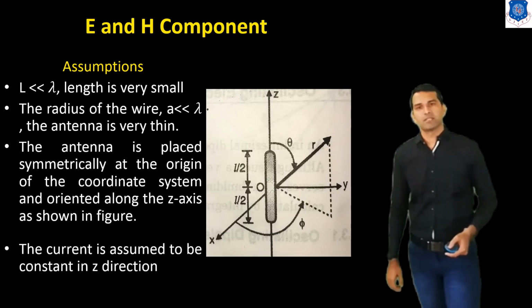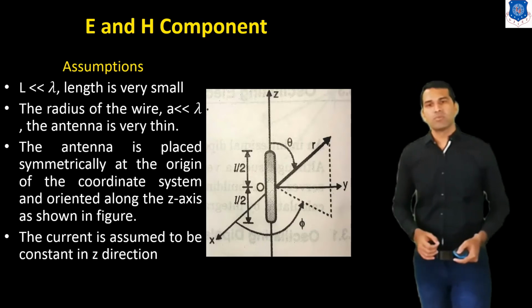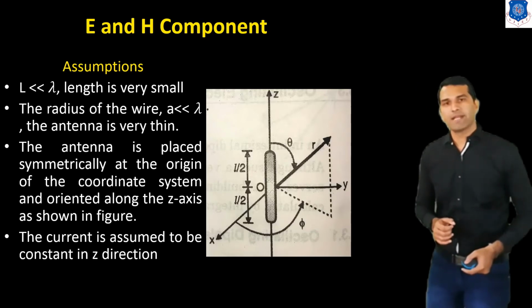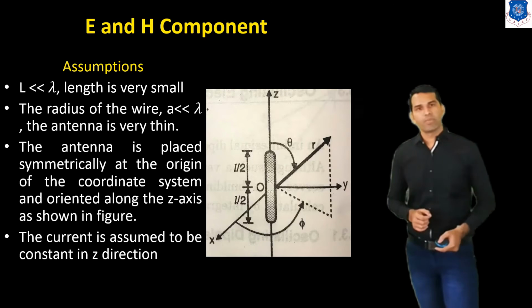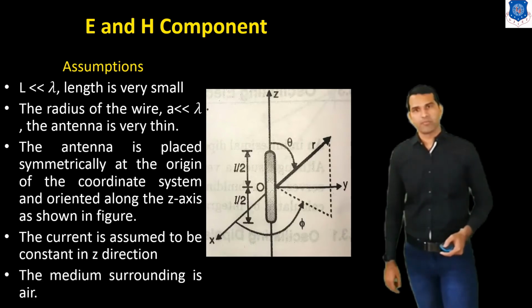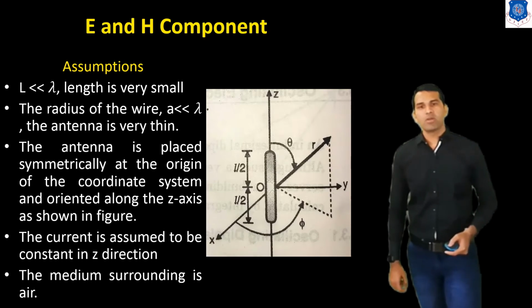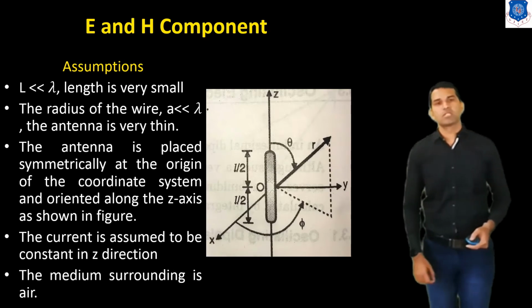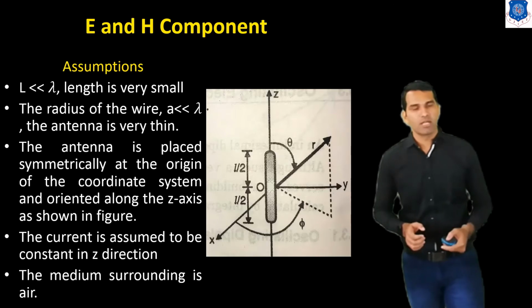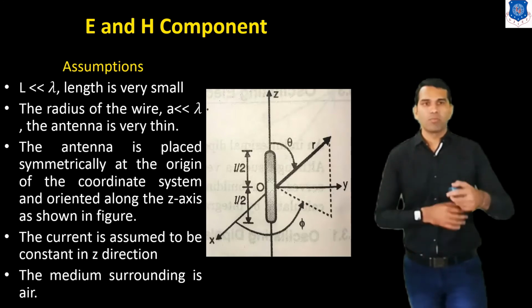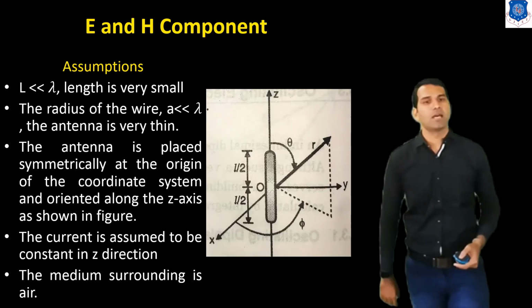The current is assumed to be constant in the z direction. The medium surrounding the antenna is air. This is the last assumption.